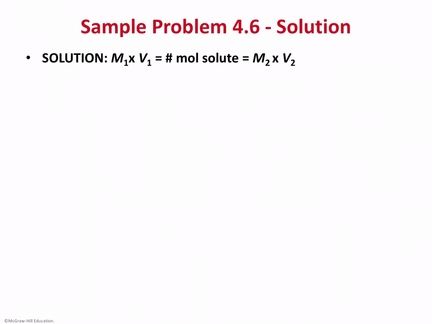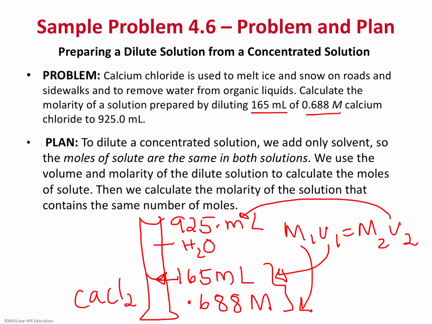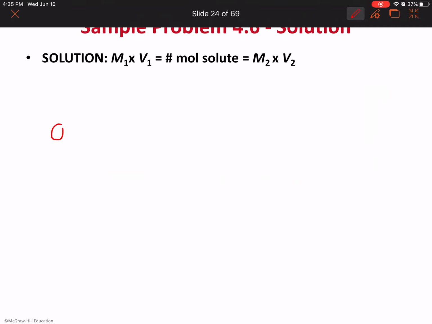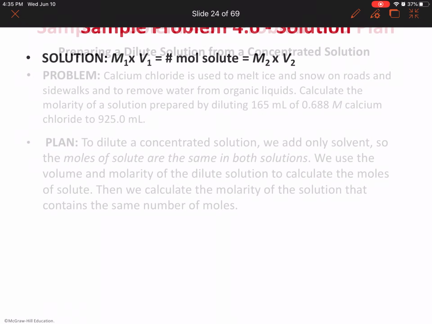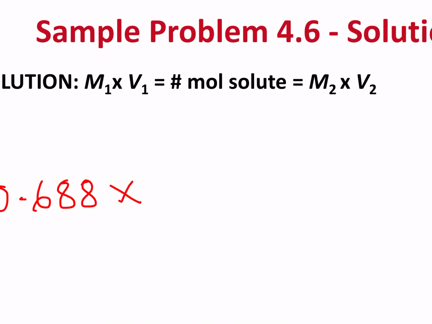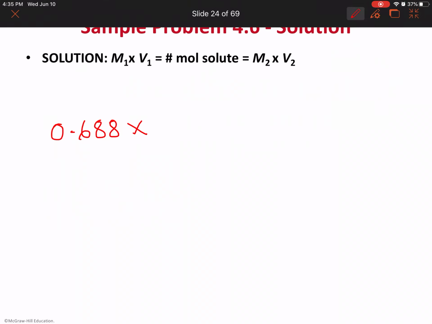M1V1, same number of moles, M2V2. So M1 is going to be 0.688 times 165 milliliters equals M2, which we don't know, times V2, 925 milliliters.